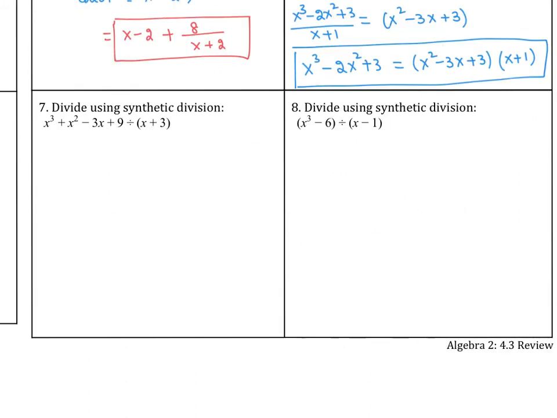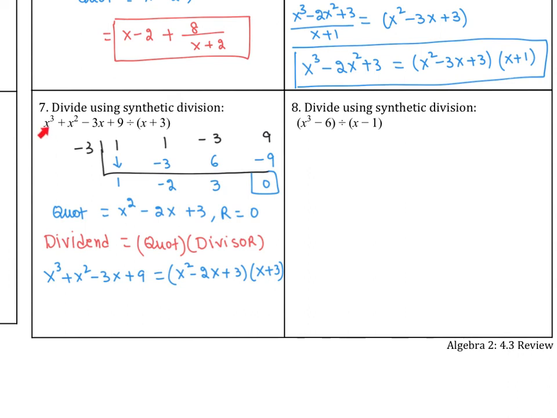Question number 7. In this case, your coefficients are 1, 1, negative 3, and positive 9. You're dividing with x plus 3 and you're going to use negative 3. Bring down the 1 as it is. 1 times negative 3 is negative 3. Negative 3 plus 1 is negative 2.